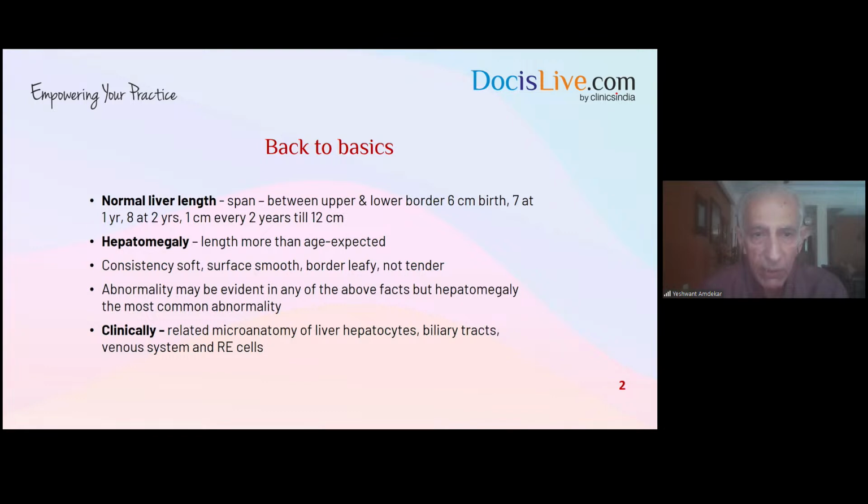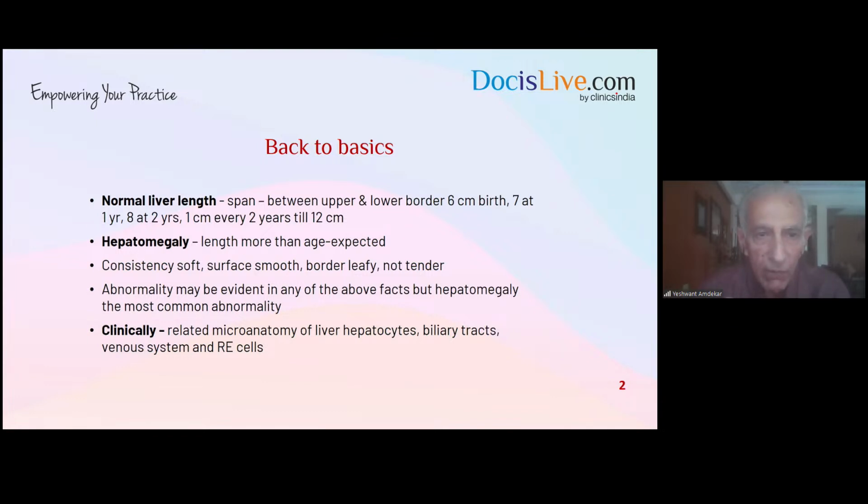And then when that tympanitic note changes to an impaired note, you know that that's an upper border of the liver. And then the lower border of the liver is easy to palpate per abdomen, and the length between the upper percussible border and the lower palpable border is called a span of the liver.